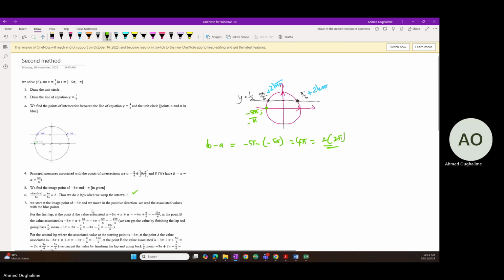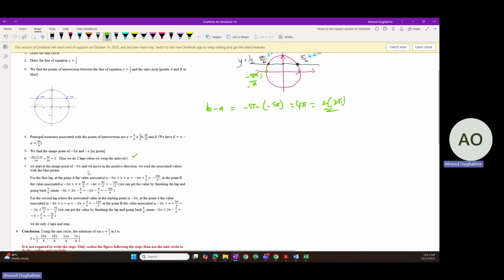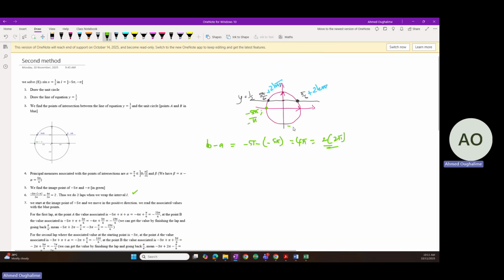This is step number 6. So we start at the image point of negative 5 pi, then we go in the positive direction. When we do our laps, we always go in the positive direction. Then I do the reading. So I start from negative 5 pi, I do the warp in.